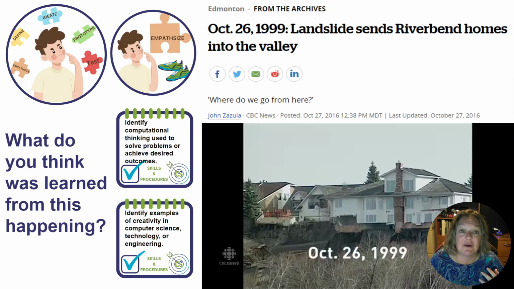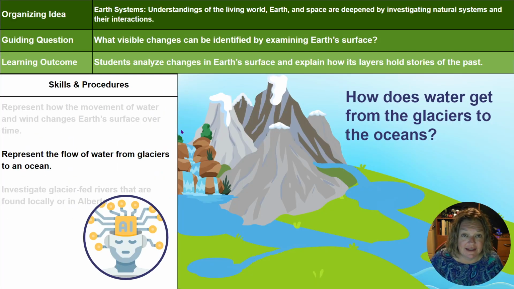And so we have this opportunity to have a conversation about landforms and changes, but also to look at some innovative ways that engineers have dealt with this and solved this problem that has come from those land changes.